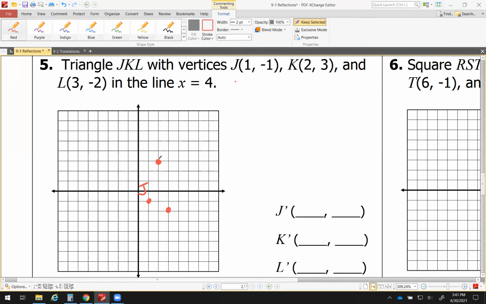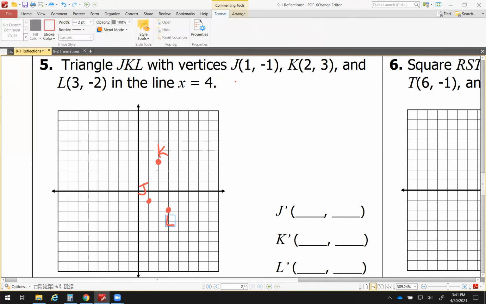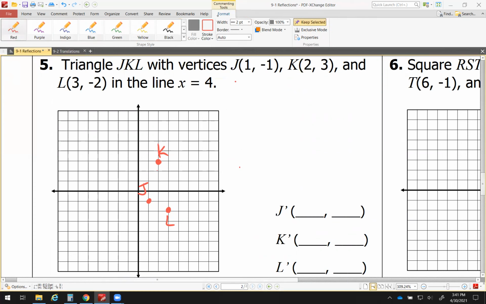So this is JKL. Connect our dots here. There's JKL, and we're going to be reflecting over the line x equals 4.